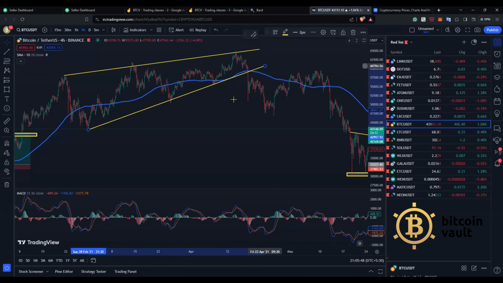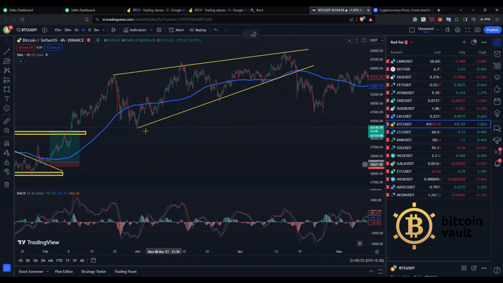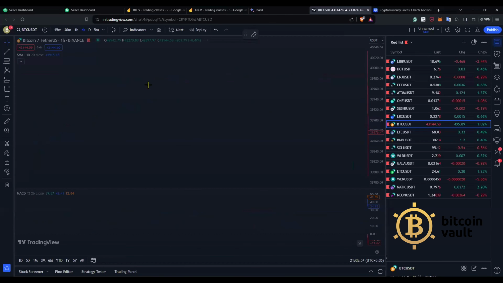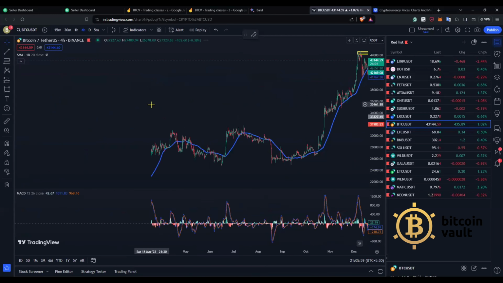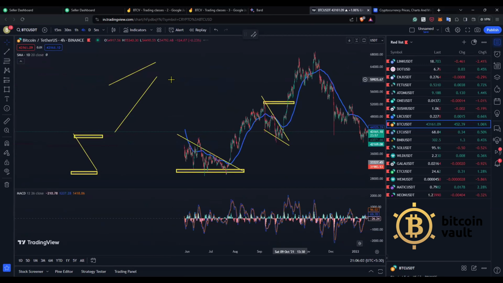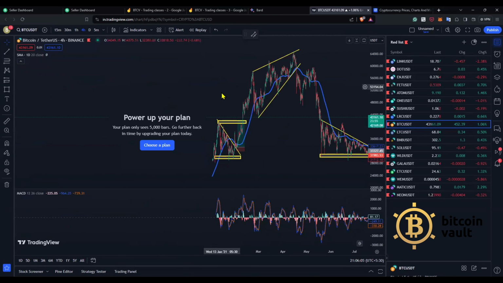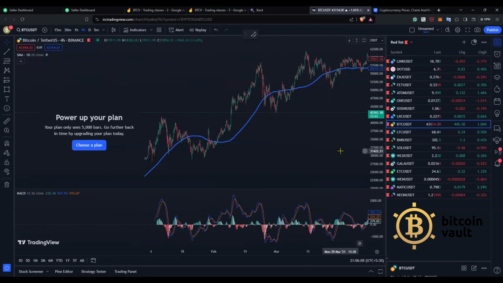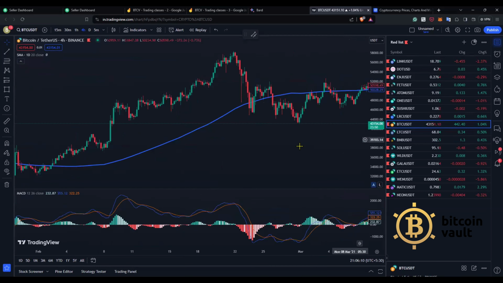But this is a rising wedge. Okay. Then again, wait a minute, let me show you one more falling wedge. You can clearly see one more falling wedge. See this one, a falling wedge.